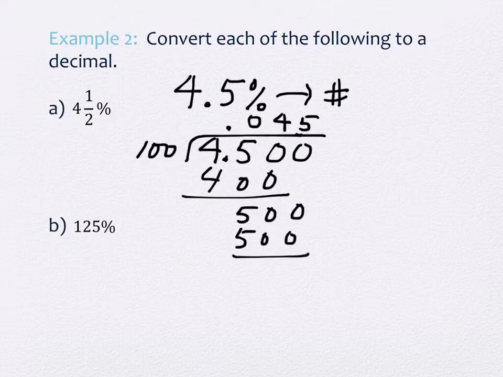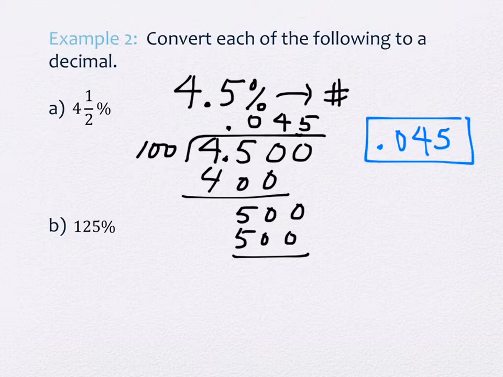I've been working a lot of long division with my daughter recently. She's tired of dividing with so many values. So this becomes 0.045. Let me say the number right. So 45 thousandths, right?